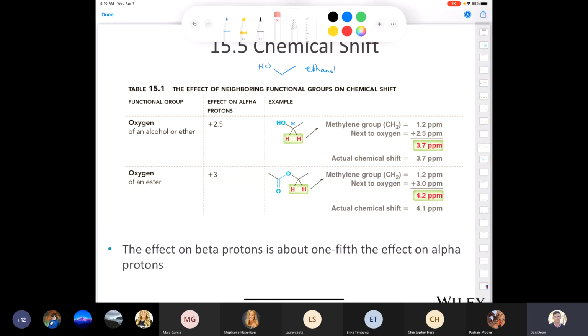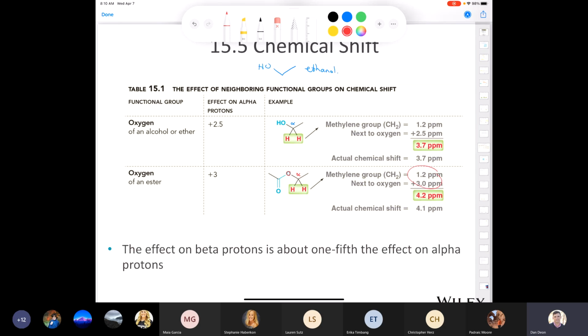And let's talk about the effect of the oxygen of an ester. The effect of the oxygen of an ester is even greater than the oxygen of an alcohol or an ether in that it adds 3 parts per million. So let's say we had a methylene group that is alpha to the oxygen of an ester. We add 3 parts per million.